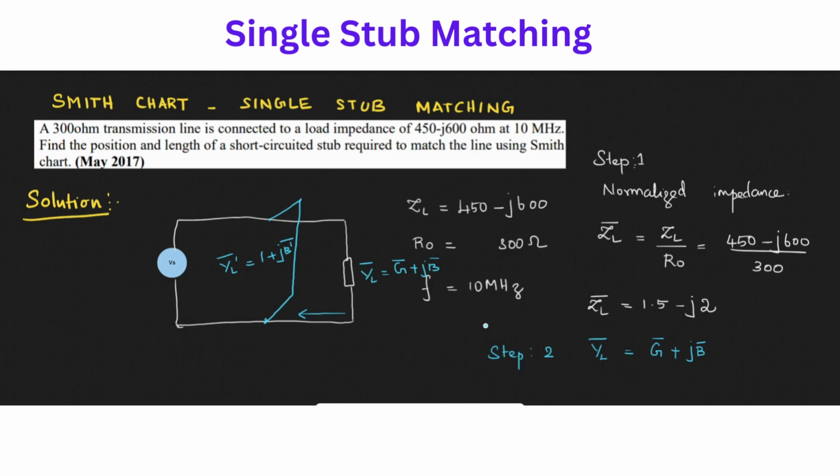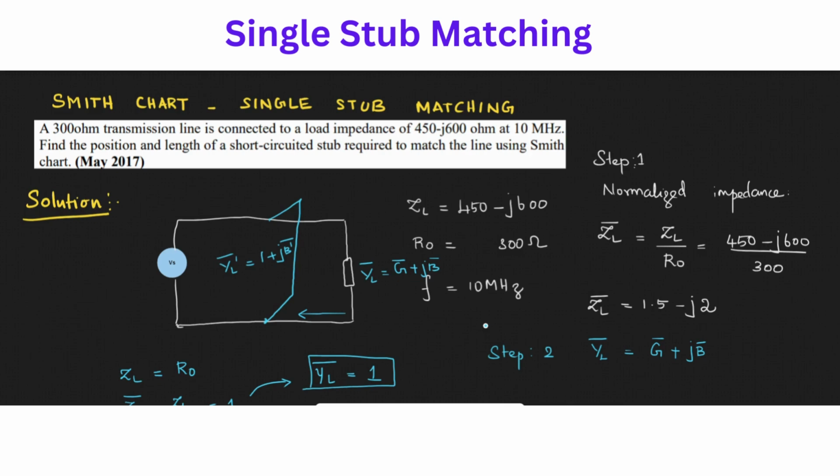To match the impedance of load to that of the transmission line, ZL must be equal to R naught, which means that ZL bar, which is equal to ZL divided by R naught, should be 1. This tells us YL bar should also be equal to 1. So if we attain this condition, that means our impedances are matched successfully.